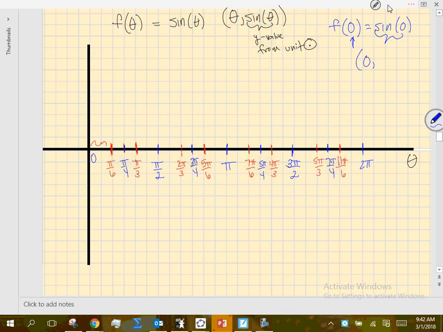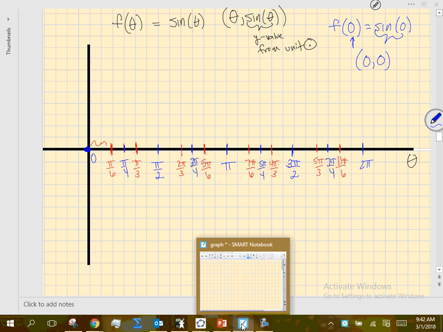So that's what I'm going to pull out and let be the y value for this function. Plot 0 radians, comma, 0 in the y direction. Okay? So that's my first ordered pair.